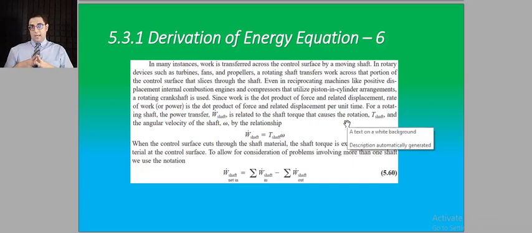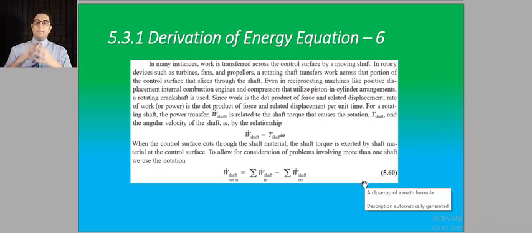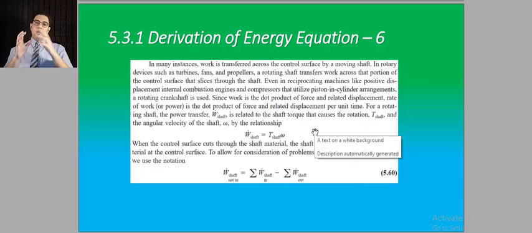For example, when you have a pump, fan, turbine, compressor, or any kind of fluid mechanical equipment, there's a work exerted on a system as well as the control volume at a particular instant. As you know, work is the dot product between the force and the distance traveled per unit of time, which is velocity.